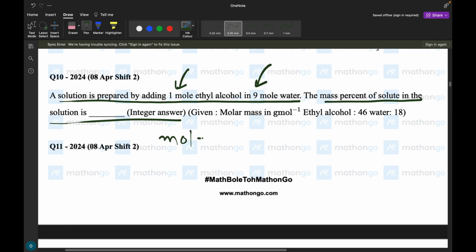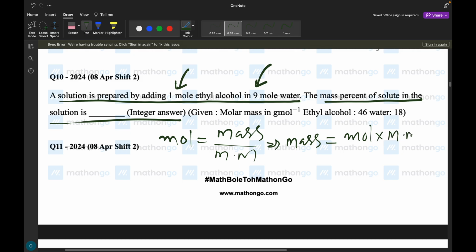So mole equals mass by molar mass. Using this formula you need the mass. Mass equals number of moles into molar mass. So moles of ethyl alcohol: 1 mole into molar mass of ethyl alcohol, which is given as 46, right?